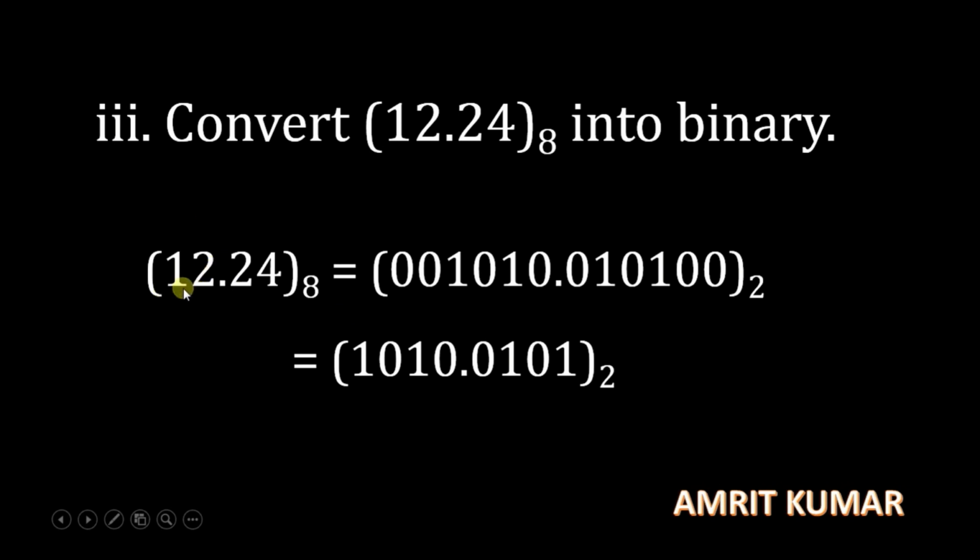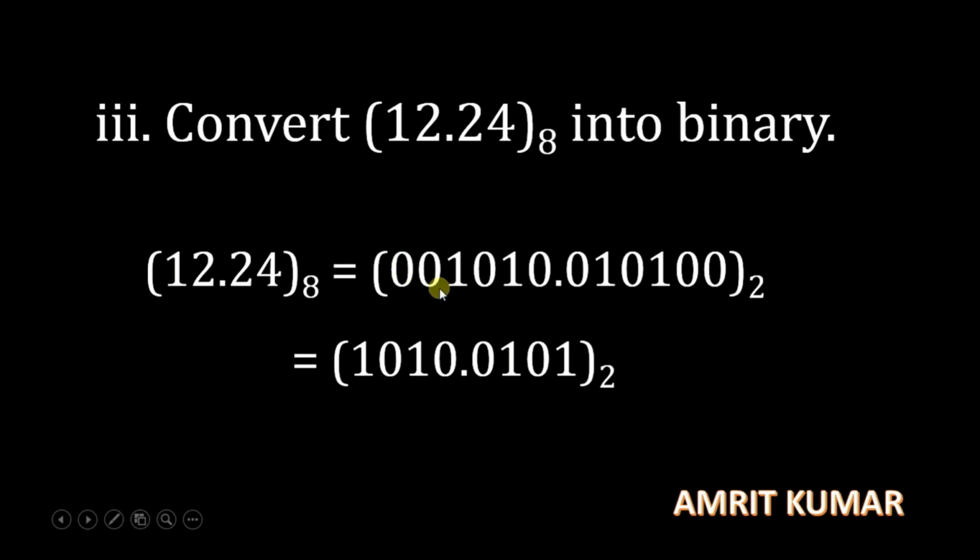In the same way, 1 is also a digit here, and we represent it by 3 bits, that is 0 0 1, because 2 power 0 into 1 is 1, plus 2 power 1 into 0 is 0, plus 2 power 2 into 0 is 0.